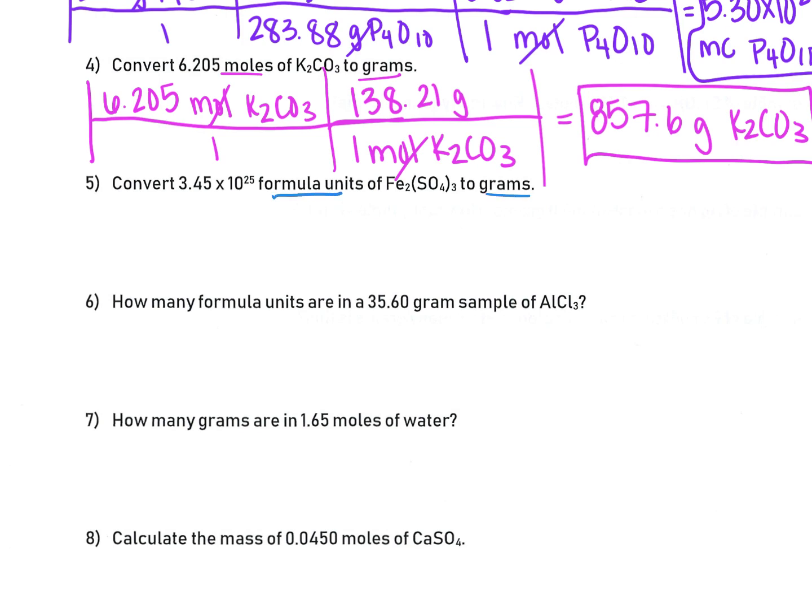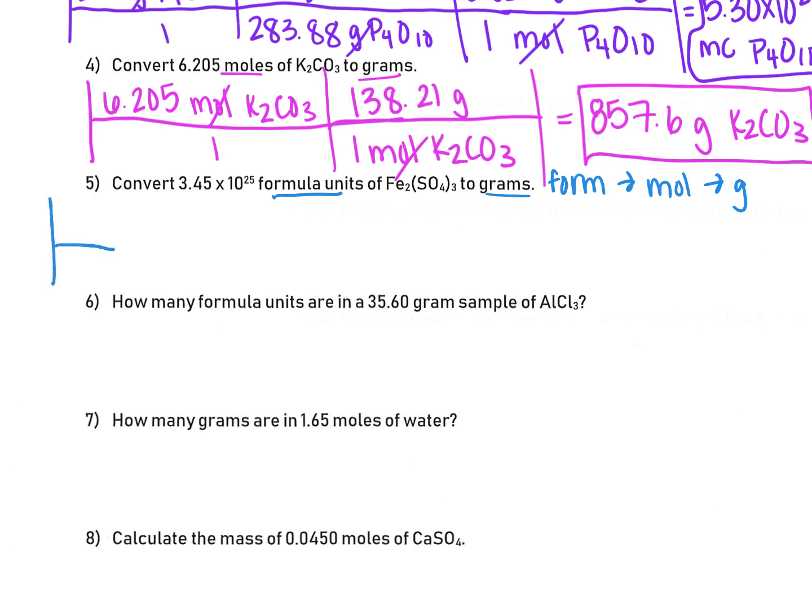Grams. Can you go directly from formula units to grams? If you aren't sure, what's a good resource? No, you can't. What unit do you have to convert to in between? Moles. Good. So we're going to go from formula units to moles to grams.